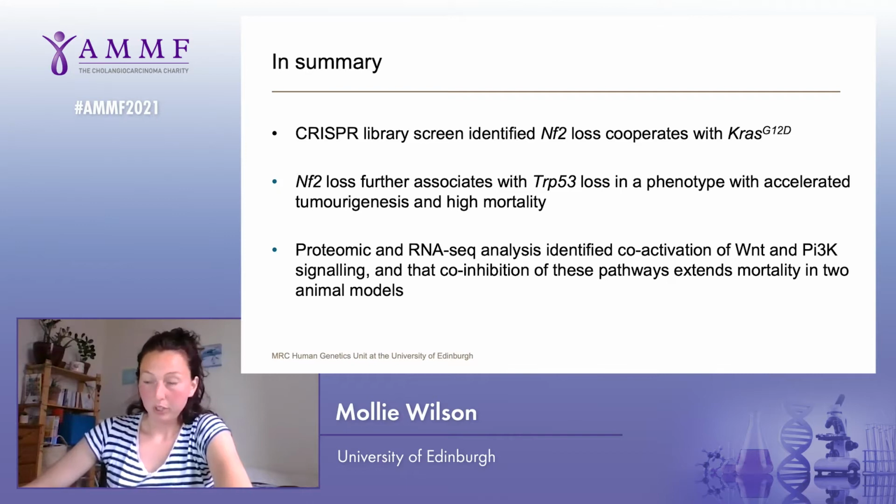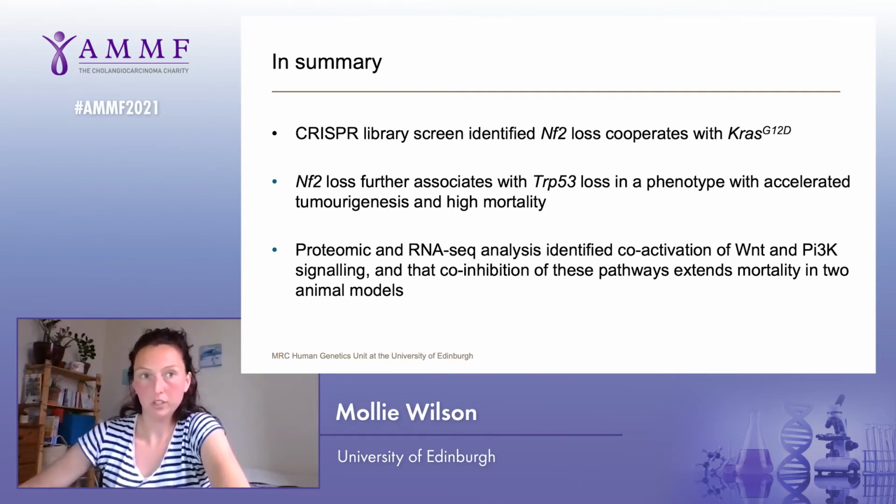And then the proteomic and RNA sequence analysis showed that coactivation of Wnt and PI3 kinase signaling occurs, and that these pathways can both be targeted in vivo, and it greatly extends survival in animal models.